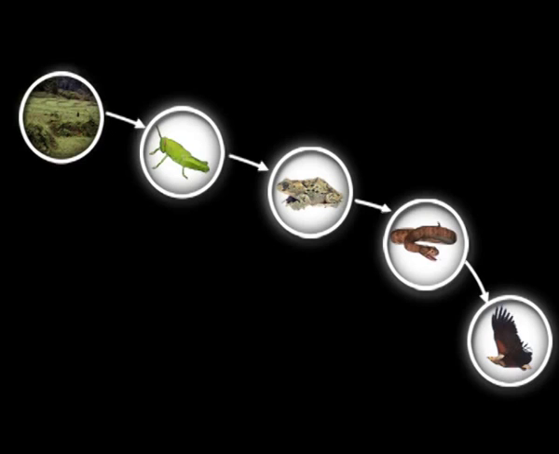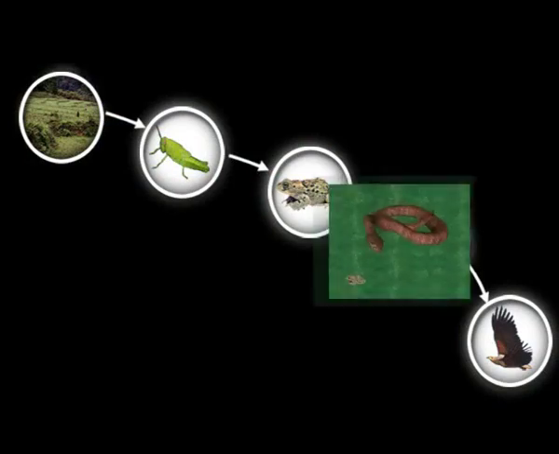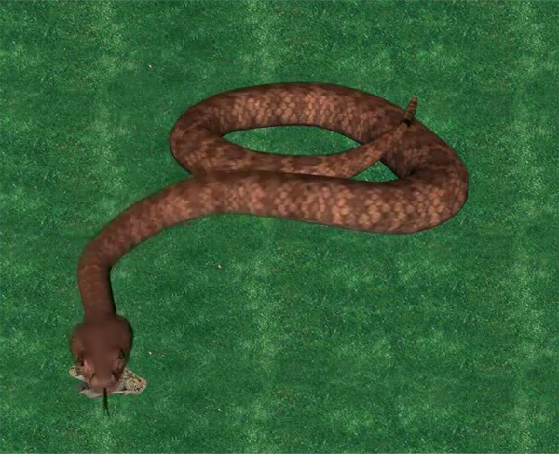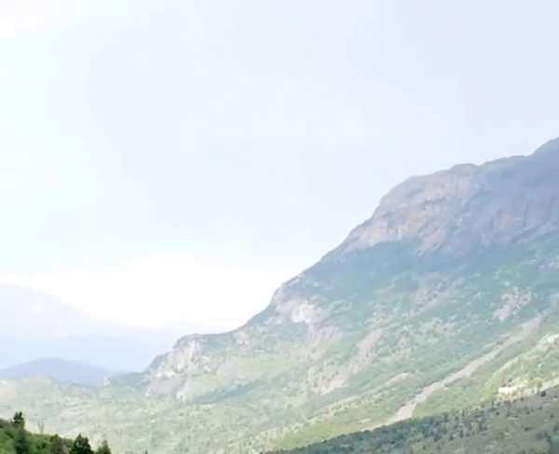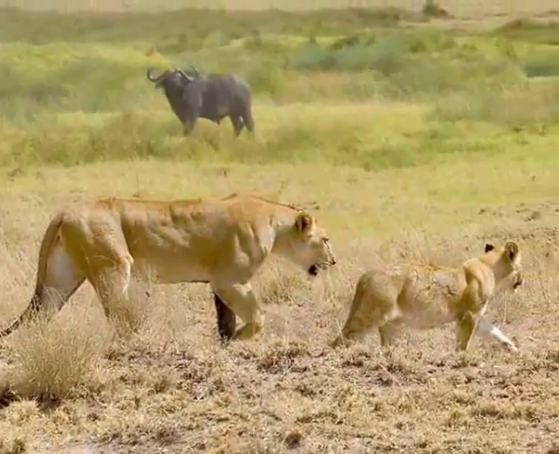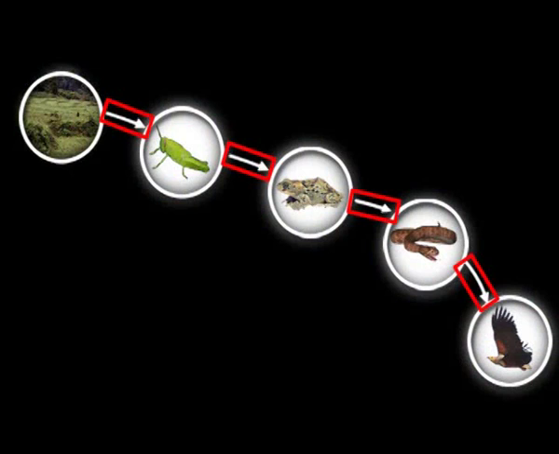Overall, we can say that food chain shows how each living thing gets food and how nutrients and energy are passed from creature to creature. Food chains begin with plant life and end with animal life. In the food chain, flow of energy is always one directional.